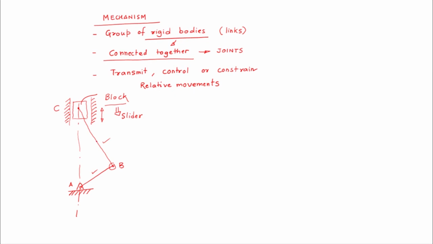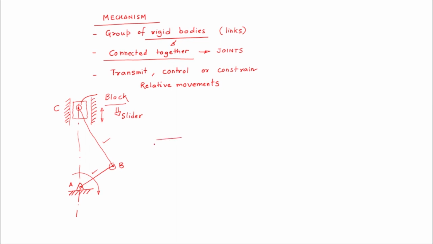They are connected to each other, and when we are having movement of one link, say here in this case we are rotating the link AB about the joint A, there will be relative motion between AB and BC as well as the slider block C. So the rotation of link AB is controlling the movement of the slider block. They are transmitting motion from one end to the other end.